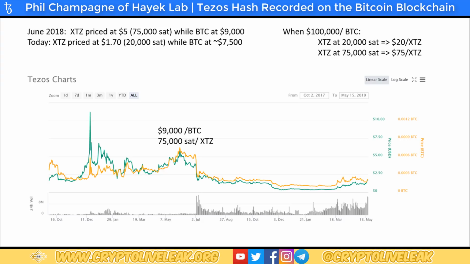So at that time, just before the release, the high of Tezos in Bitcoin was 75,000 satoshis per Tezos. That was really the highest at that time. Bitcoin was around $9,000, and so that means about $5 for Tezos.